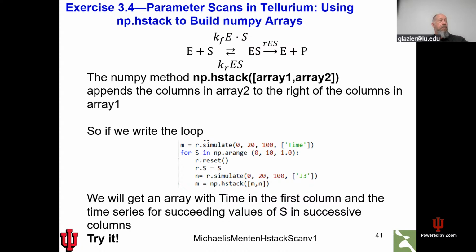So can people try that out? Basically you have to add this line, M equals r.simulate to get the time, for S in np.arange, reset r, r.S equals S, simulate, M equals np.hstack, and then you can use plotArray to display the results.